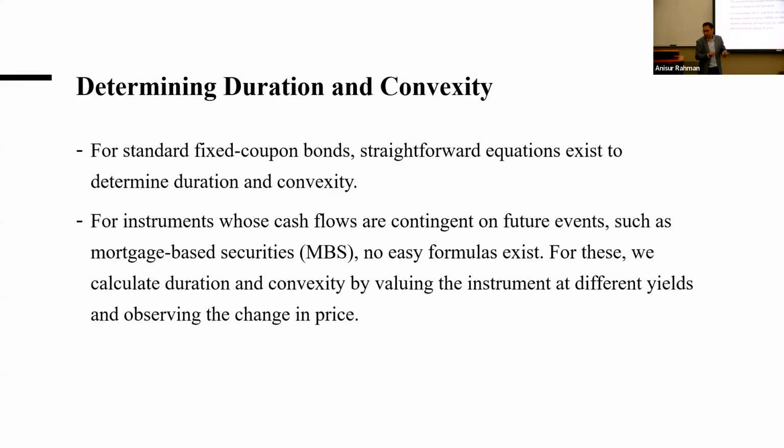Because if they prepay, you will get the cash when you don't need it. And you actually are getting back the cash when the interest rate is low. And you have to invest your cash flow at a lower rate, right? So that is what it means by contingent.